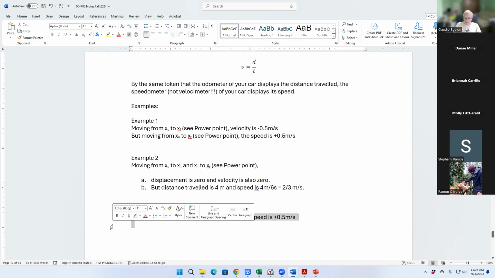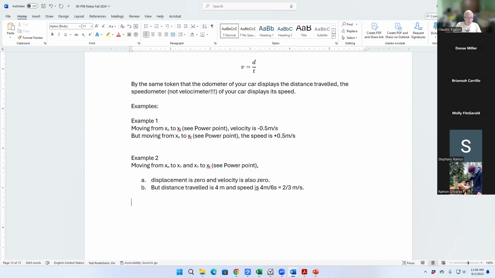So do you see the difference now? That is the difference between displacement, which by the way is a vector quantity, and distance traveled, which is a scalar quantity.